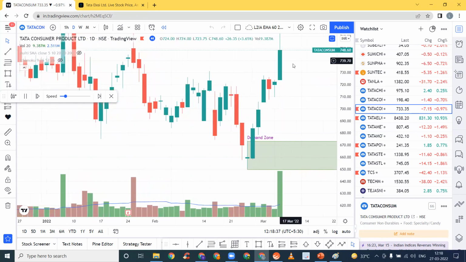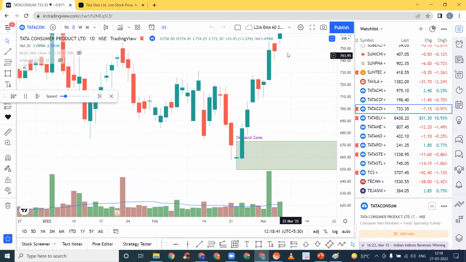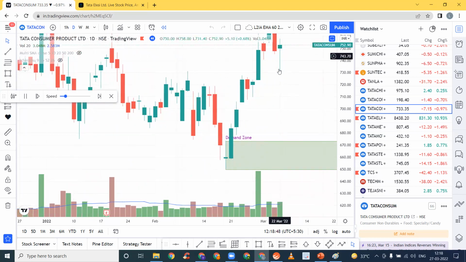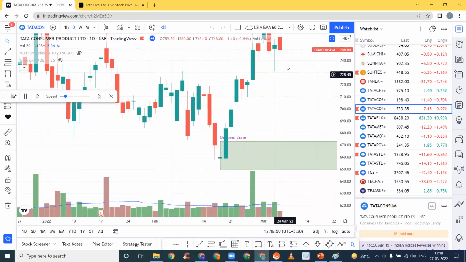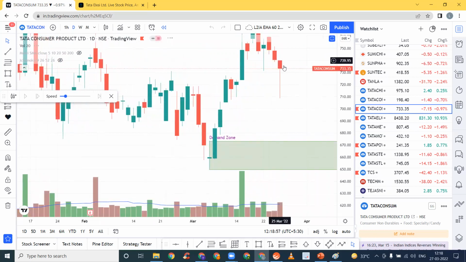No, it has gone up. Okay, red candle, it is reversing. Now the stock is coming down. So it has come down to this level.